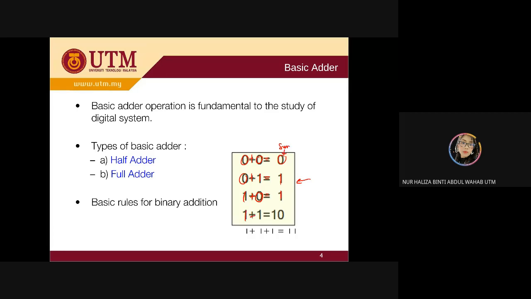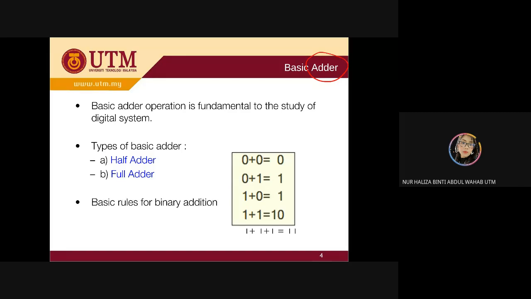And 1 plus 1 is going to be 1, 0. 0 is the sum, 1 is the carry. And last time I also gave you this: if you have 1 plus 1 plus 1, what is it going to be? It's going to be carry as 1, sum as 1. So you need to remember all of this, especially for the adder.